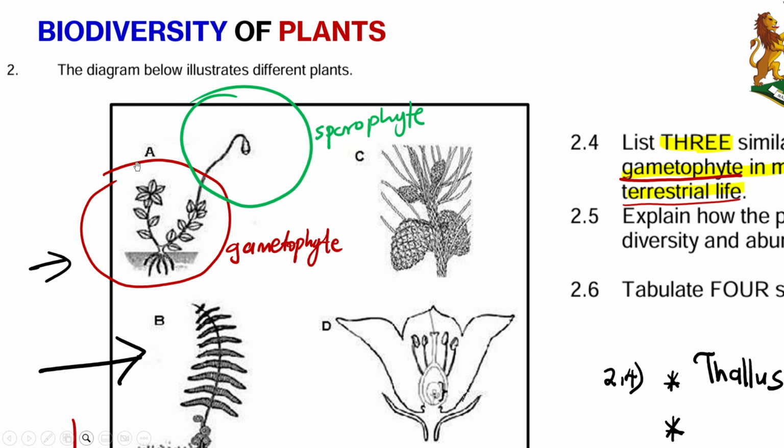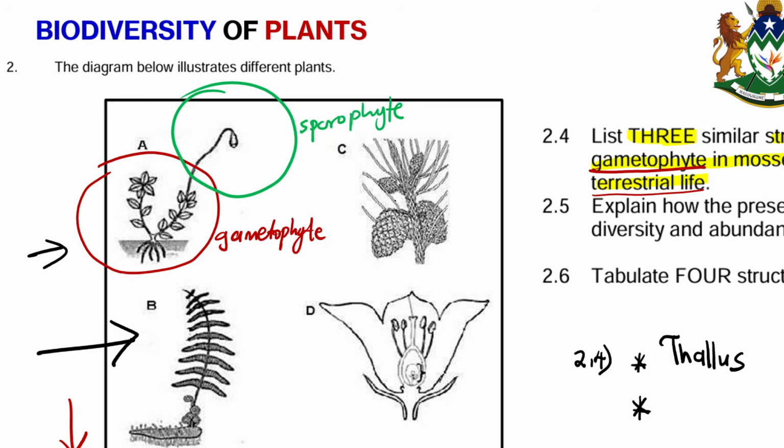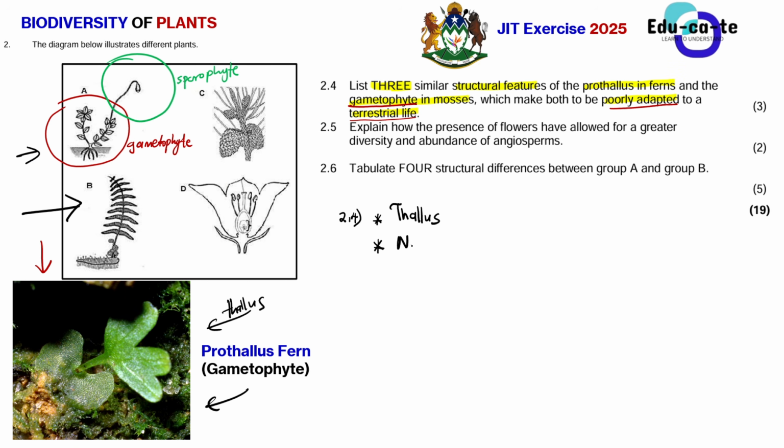gametophyte in mosses. I'm sure they say here a gametophyte in mosses, meaning a gametophyte in bryophytes, does not have true roots, so it cannot have a vascular system. So basically, they don't have a vascular system. That's why they cannot survive on land, or they are poorly adapted to survive terrestrial life. They don't have an actual or proper vascular system.